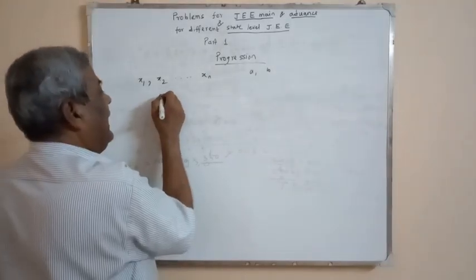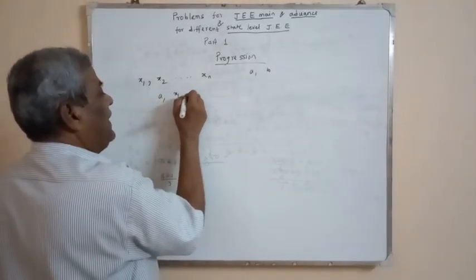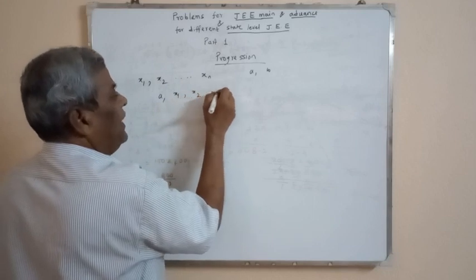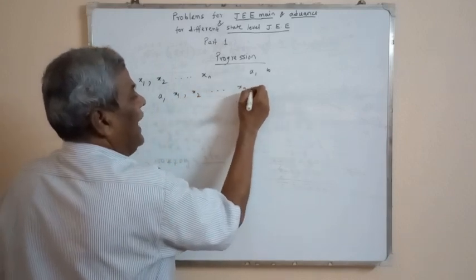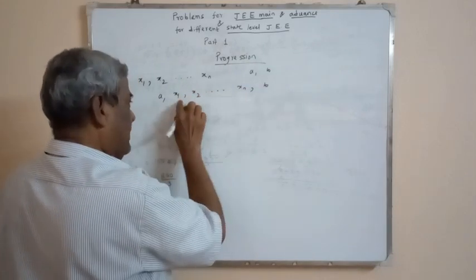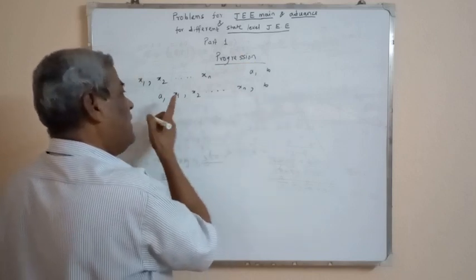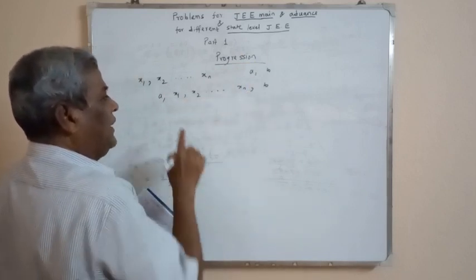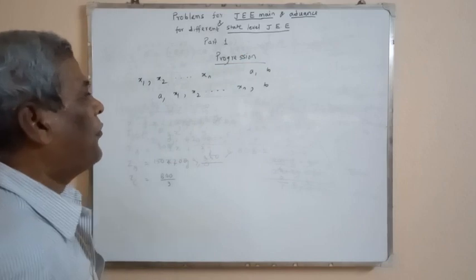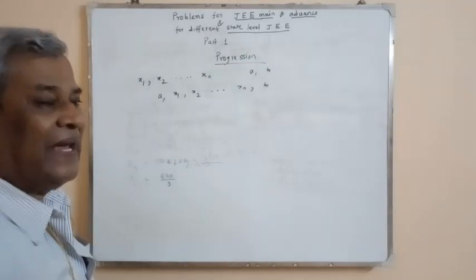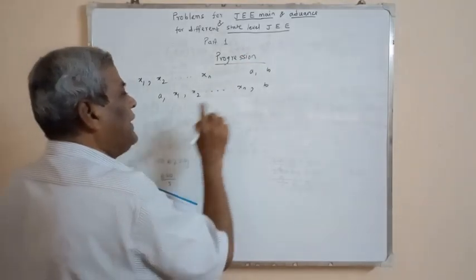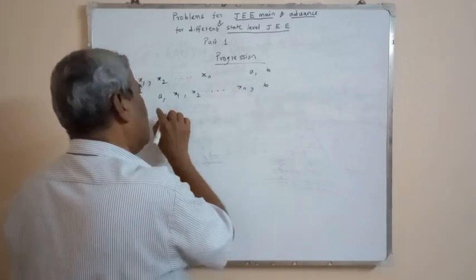Clearly here a, x1, x2 up to xn and b together will form an AP. That AP contains n plus 2 terms.